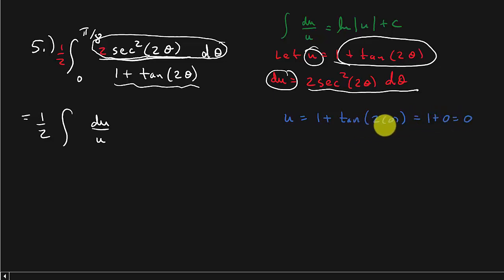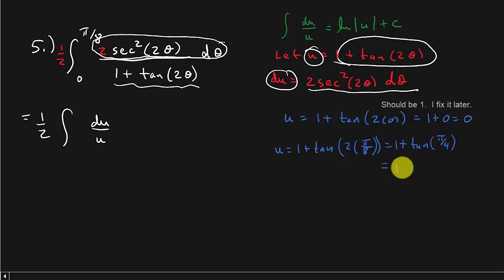That's the tangent of 0, which is 0. And then I have u equals 1 plus tangent of 2 times pi over 8, which equals 1 plus tangent of pi over 4. And so that's 1 plus, and tangent of pi over 4 is 1, so that's 2. So now my limits become 0 to 2.